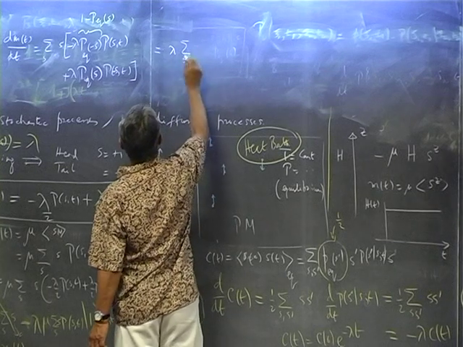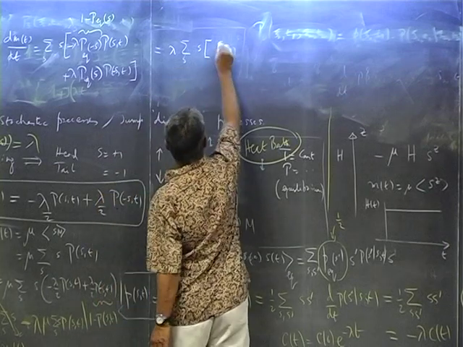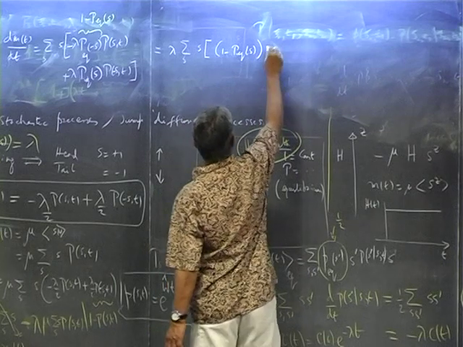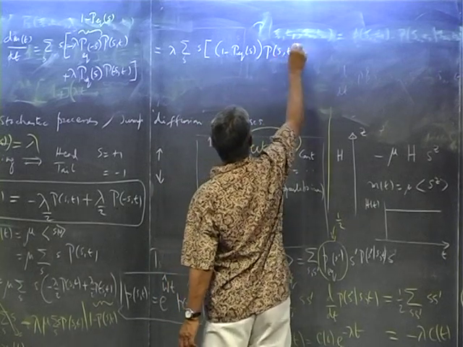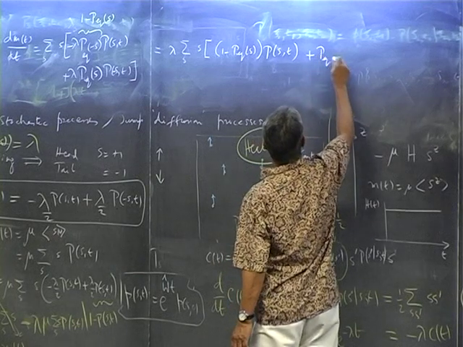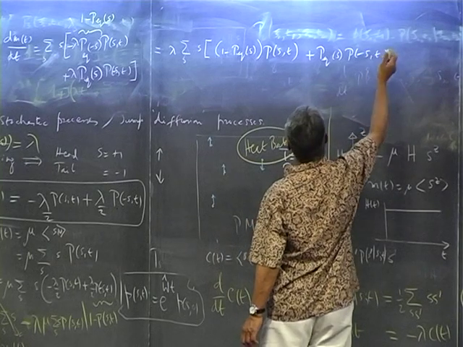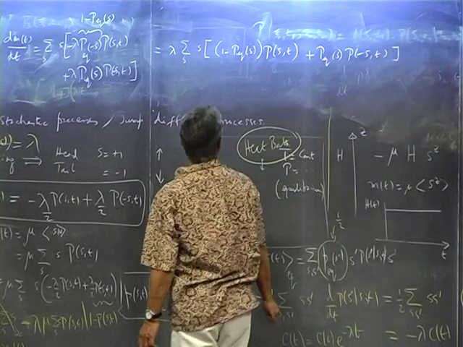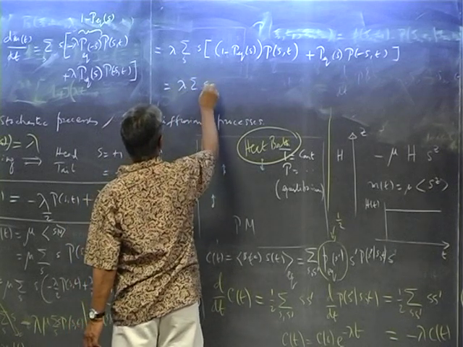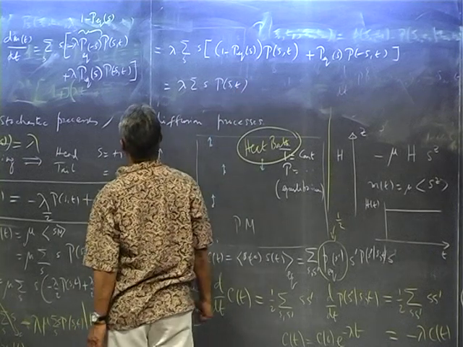I have summation S plus P equilibrium of S, P of minus S comma T. So this will give you lambda times summation S, P S comma T. And have I missed a negative sign?